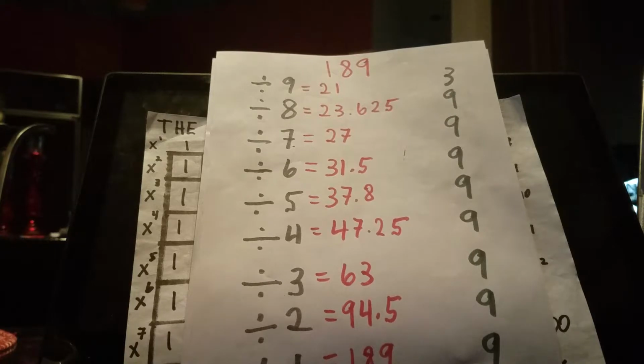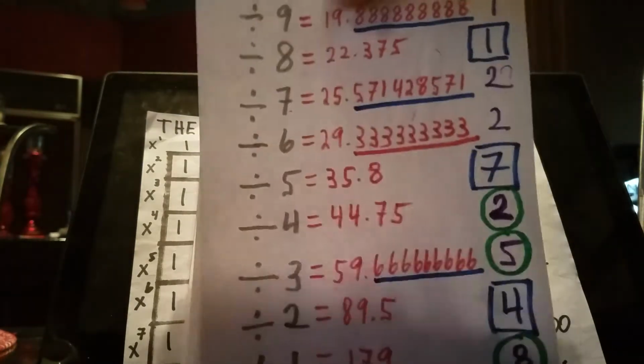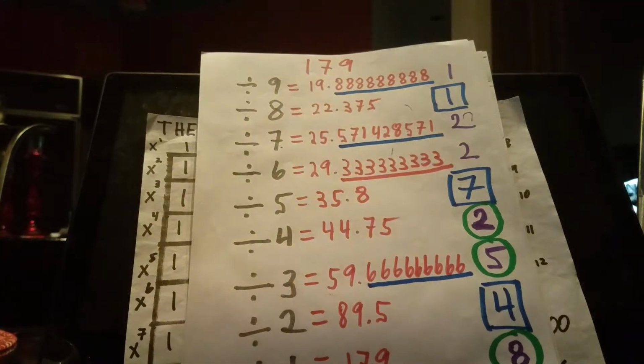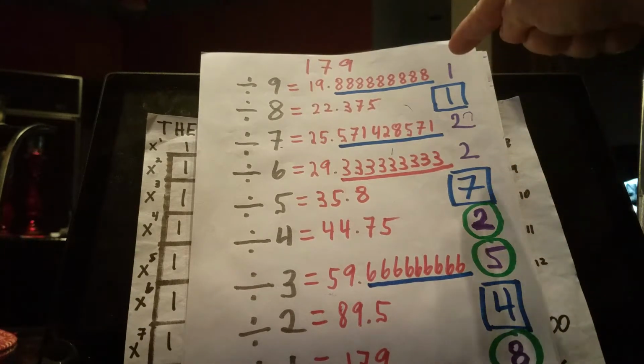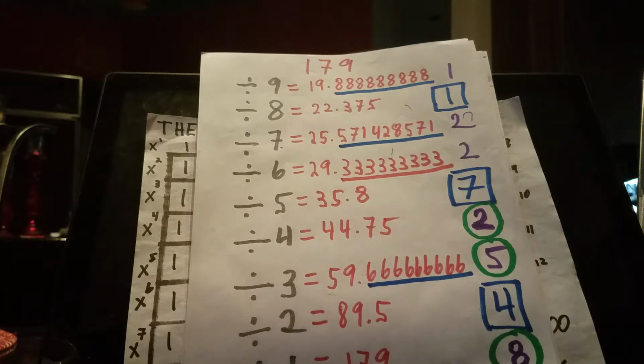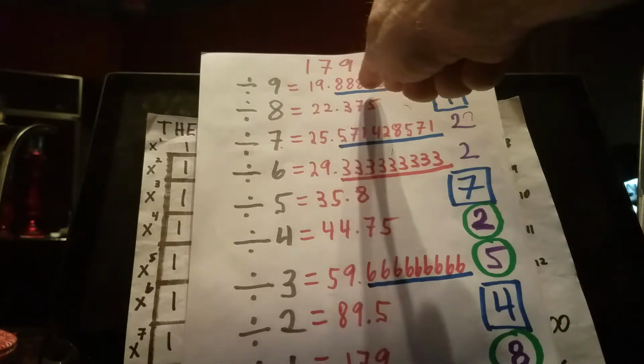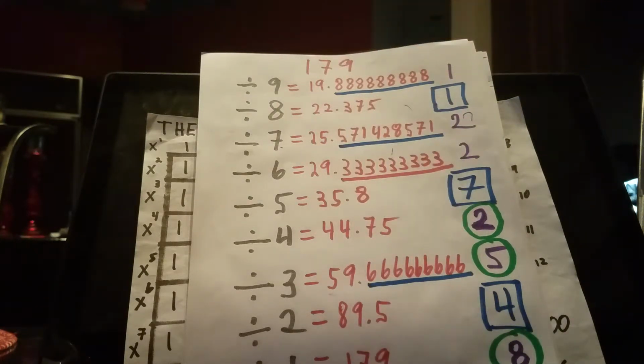So now I'll go to the next one. These are all mixed up, but I will get them quick because I know where they come. After the 189 comes this 179, which is there. And now we do have 258, and we do have 174 reappearing, and we do have this group of 9 8s will be a 9 number. 9 times 8 is 72, which is a 9, 7 plus 2.